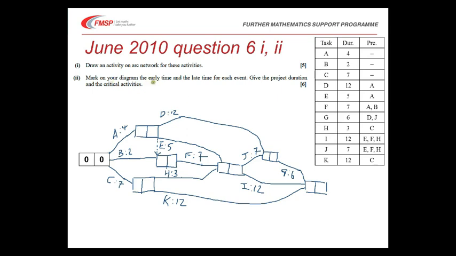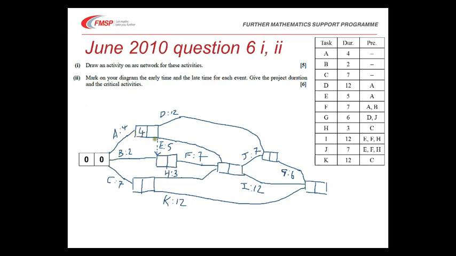We now want to do the early time and late time for each event. So we're moving through the network, seeing what's the earliest we can get anywhere. So starting with this node here, it starts at 0, and the only way into this is through path A, so the earliest we can get there is 4, giving ourselves time to complete A. Looking at this node here, well, we could go this way, 4 and 0, or this way 2.